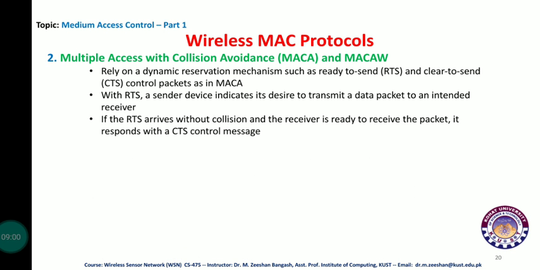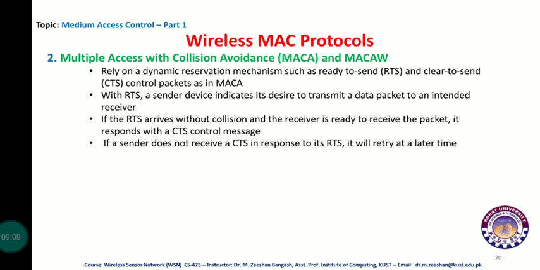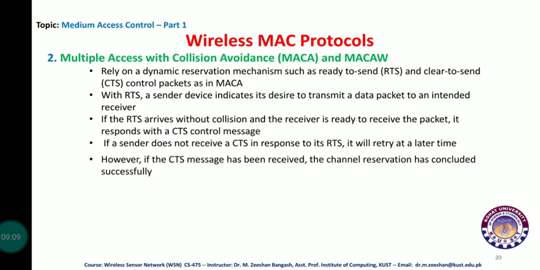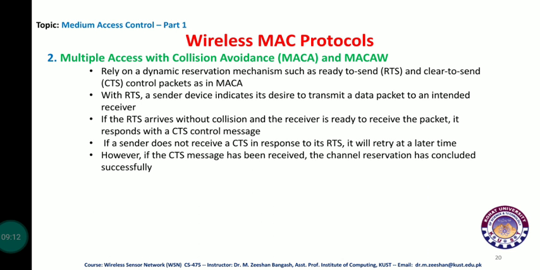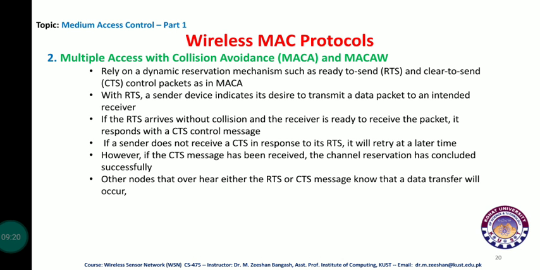If the RTS arrives at the receiver, the receiver is ready to receive the packet and responds with a CTS control message. If the sender does not receive a CTS from the receiver, it will retry at a later time.